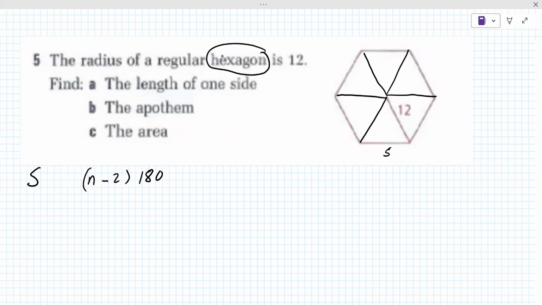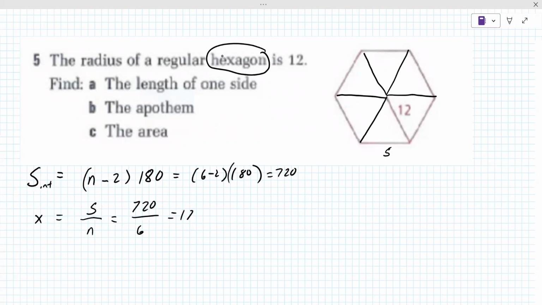So the sum of the interior angles is n minus 2 times 180, 6 minus 2 times 180, which is 720. But if you want just the interior angle, you take the sum and divide it by the number of sides. 720 divided by 6 is 120.